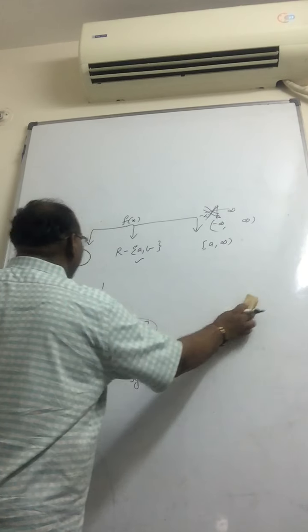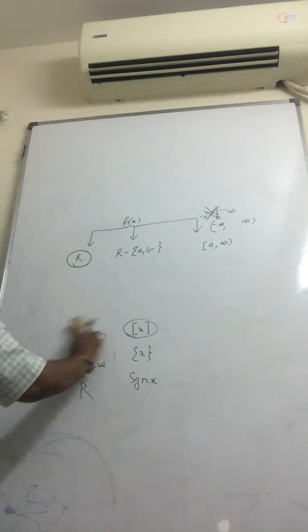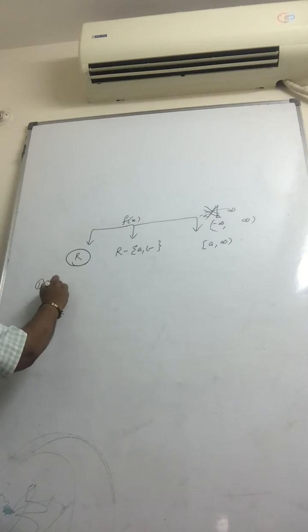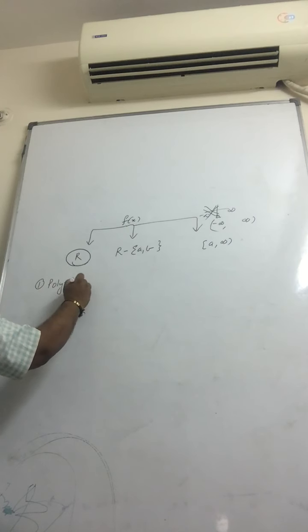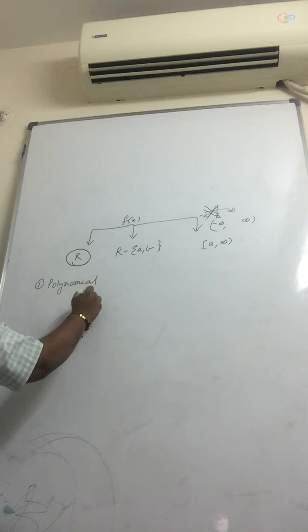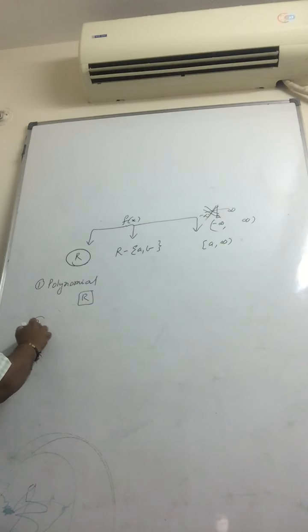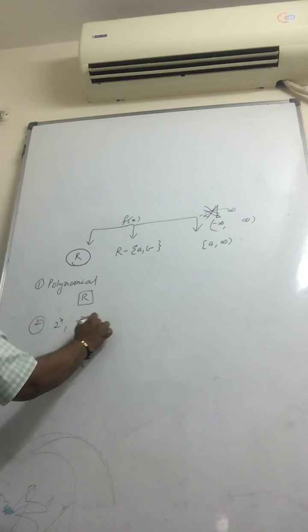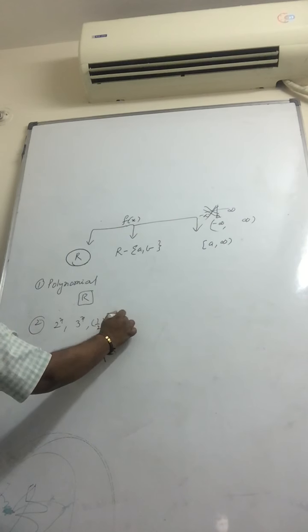So now let us see. Once again I will write for what kind of functions the domain is real. First, polynomial functions, whose domain is real numbers. Second, power functions, half power x, e power x.